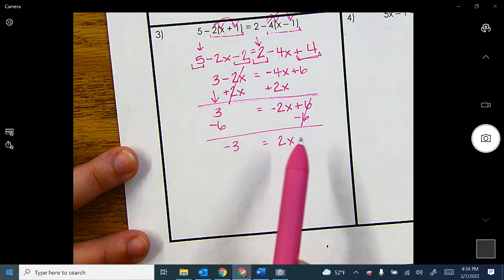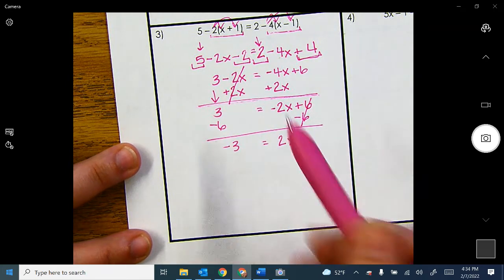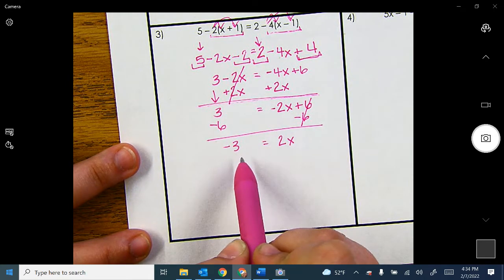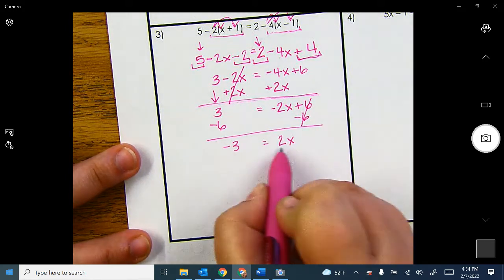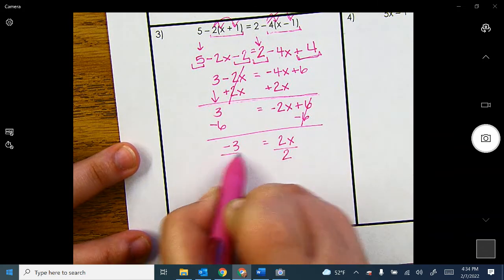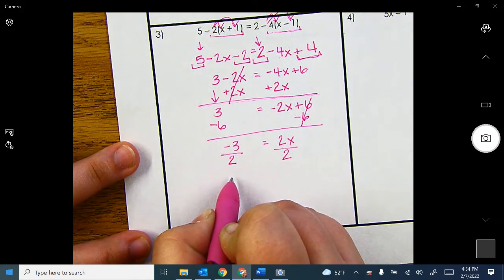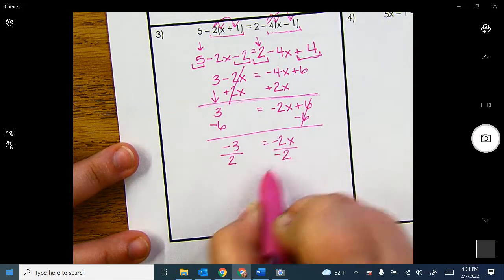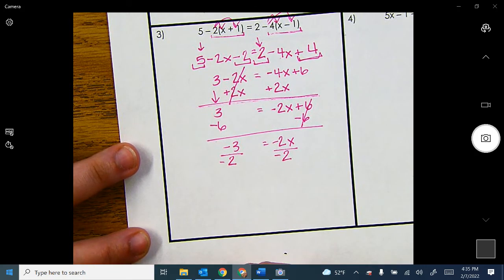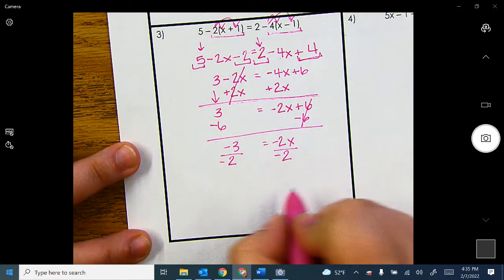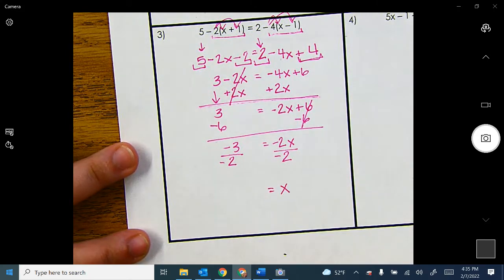Now you should know what to do in this case. Whenever you have a number equal to a coefficient and a variable like that, you're always going to divide. Oh, sorry, that's negative 2x. So I'm always going to divide by the number that's in front of that variable. Negative 2 divided by negative 2 means that I just have x on the right.